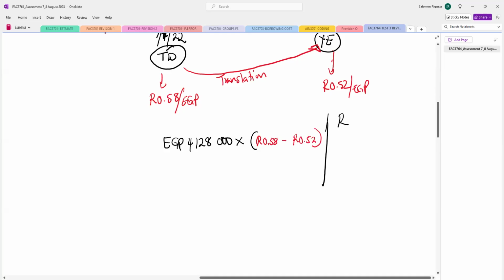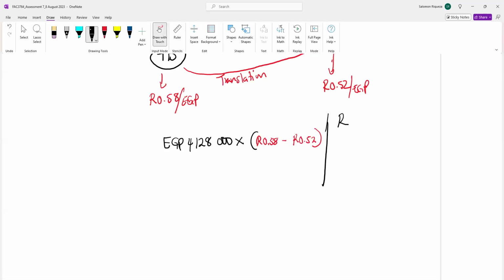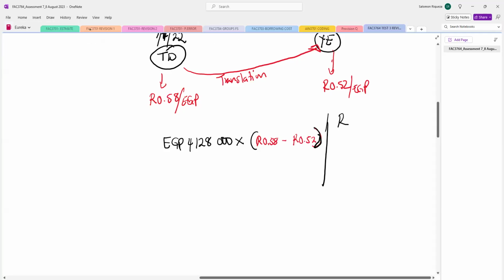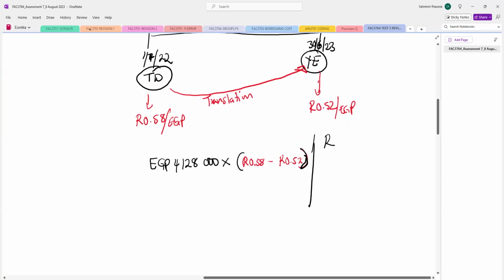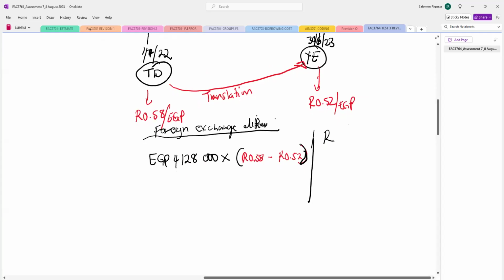All right, so this will give me the foreign exchange difference. Let me write it somewhere: foreign exchange difference. So I'll find the difference in between: 58 minus 52 multiplied by 4,128,000.